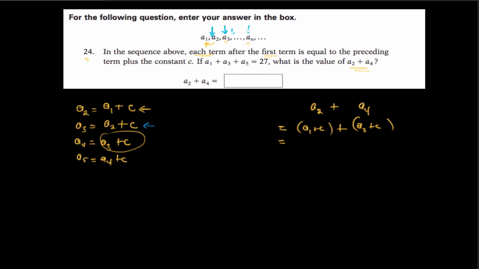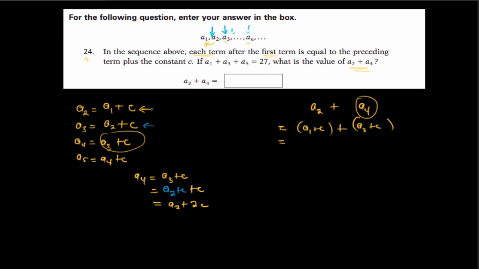So let me just pick out A4, and then let's simplify A4. According to what we have here, A4 equals A3 plus c. Now A3 is A2 plus c, now plus c. So this is going to give us A2 plus, now c plus c is going to give you 2c.